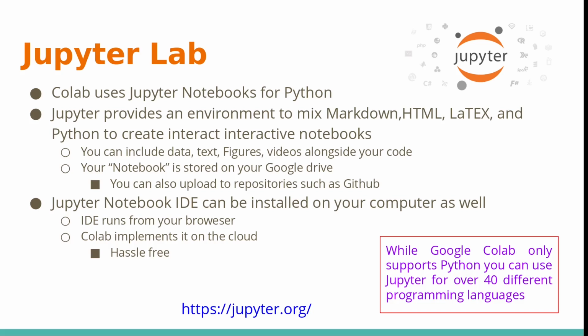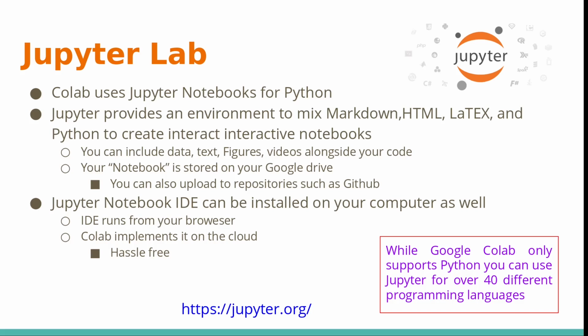So what is the advantage of using Jupyter over some of the other interactive development environments that are available to run Python, such as VS Code or Spyder and others? One, Jupyter adds a lot of interactivity to your coding.